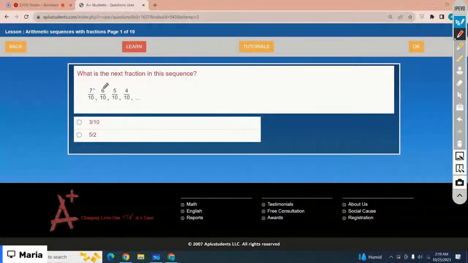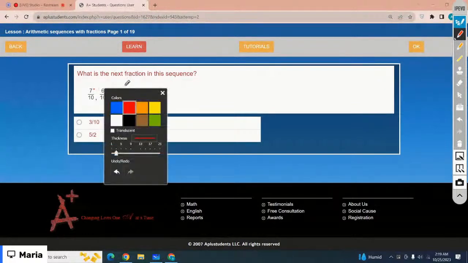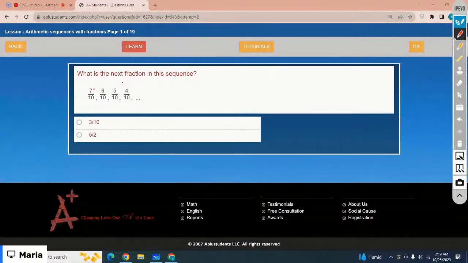You can see 7 minus 1, 6, 6 minus 1, 5, 5 minus 1, 4, right? So the denominators are the same, numerators are decreasing, right? So for the next one, it would be decreased from 4 to 3, and that would be 3 over 10. The correct option is 3 over 10.